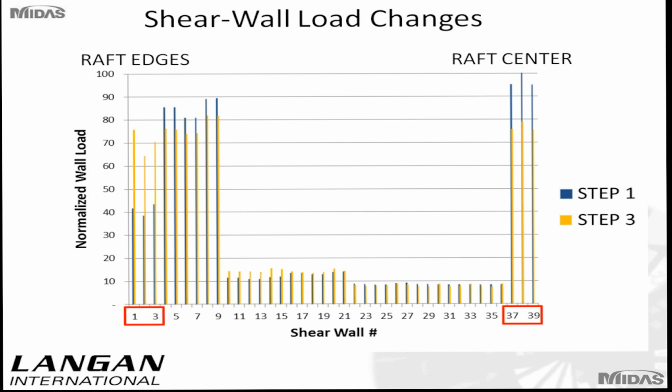Now, once you start doing this iterative process, you can see that load starts walking from the center towards the edge, and you end up with about 20 to 30% differences on the loads from where you started to where you end up, at the center and at the edges. Notice here how much the loads at the walls at the edges increased, which caused stresses in the walls.